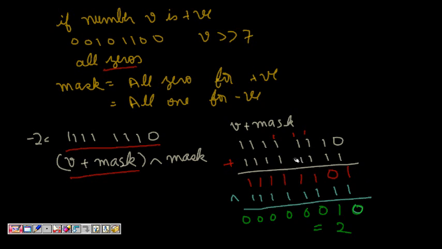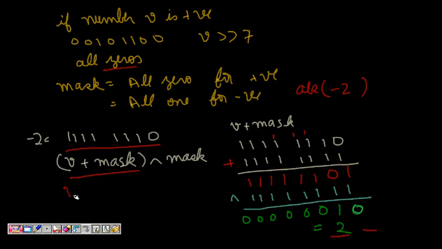This is after adding the mask. Then we XOR it with the mask, and it becomes 0 0 0 0 0 0 1 0, which is 2. As we see, the absolute value of minus 2 is 2, so this is correct.